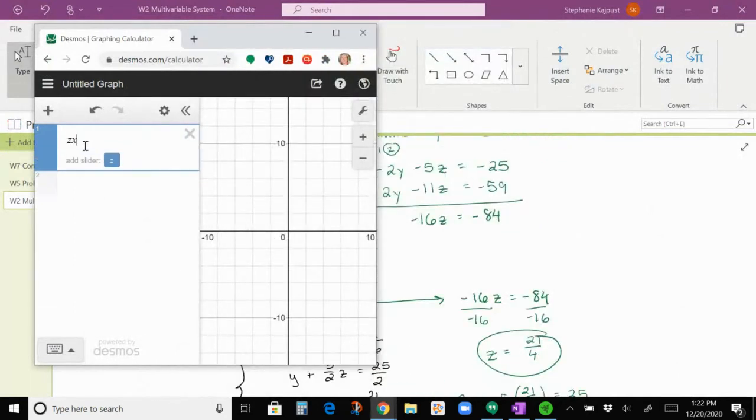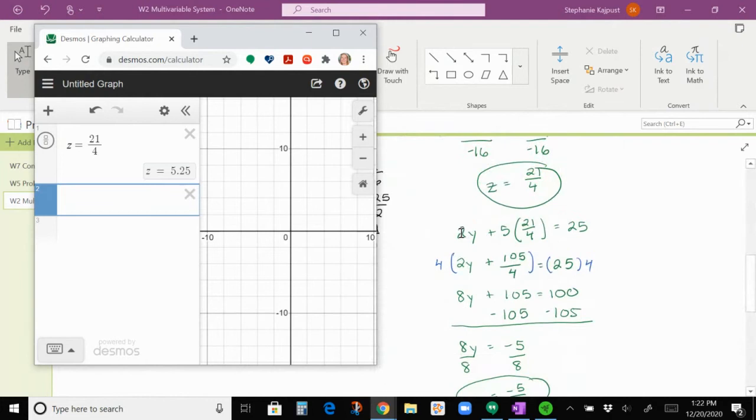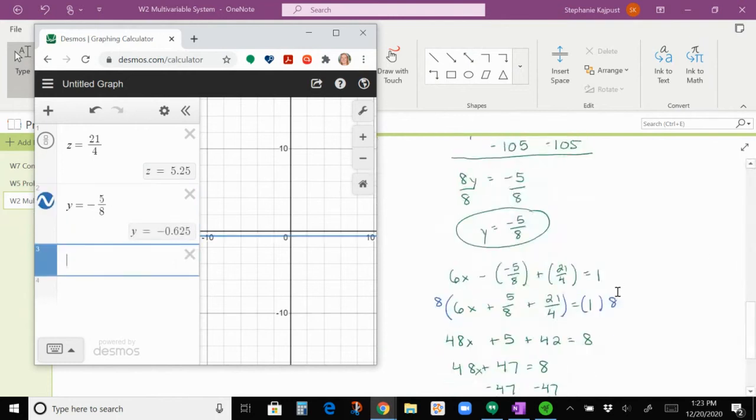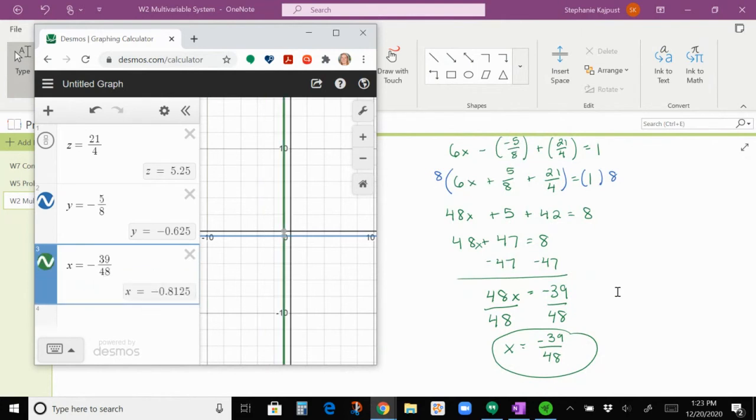So I got z equals 21/4, y equals -5/8, and then x equals -39/48. You definitely want to check your answers when you're solving all these things because it's really easy to make a math mistake.